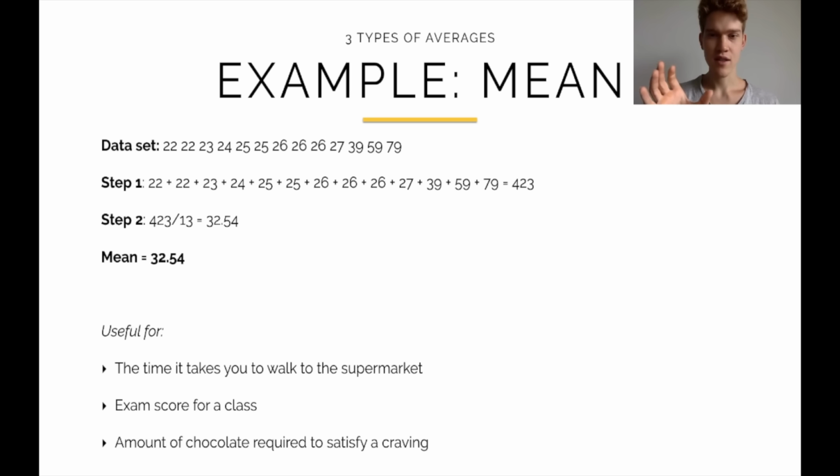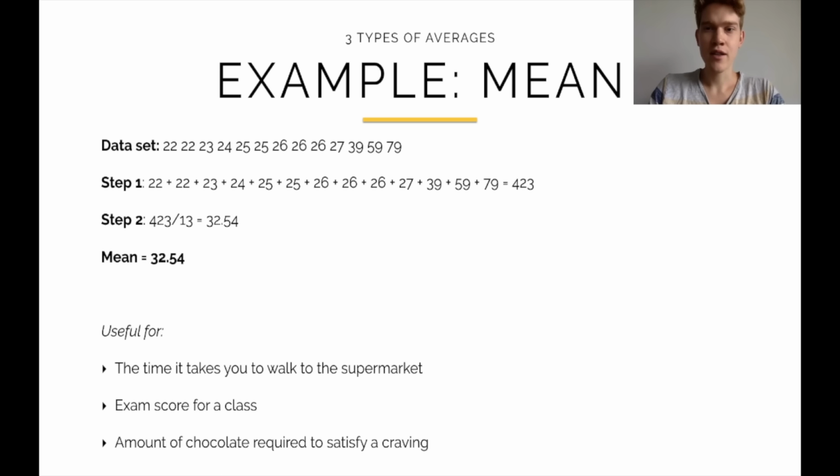So your range is even smaller, and you're less affected by outliers, and you kind of know how hard a class is going to be just by comparing their means. If one class has a higher mean than another, and they both have a large number of students, then you can probably say, hey, it's easier to get a good grade here. It's good for simpler overviews without diving too deep into it.